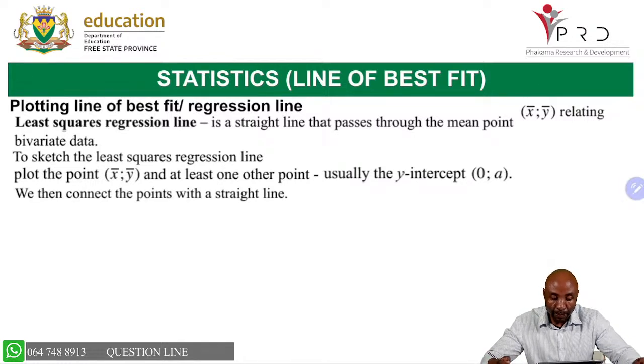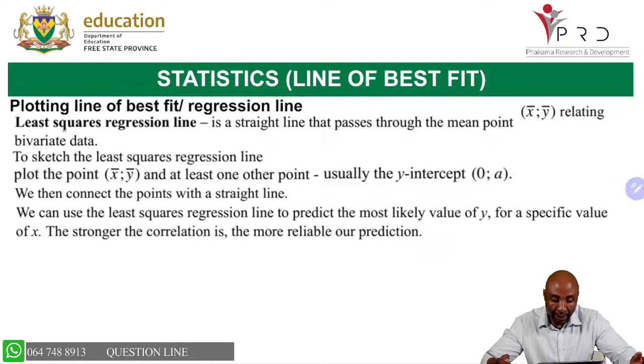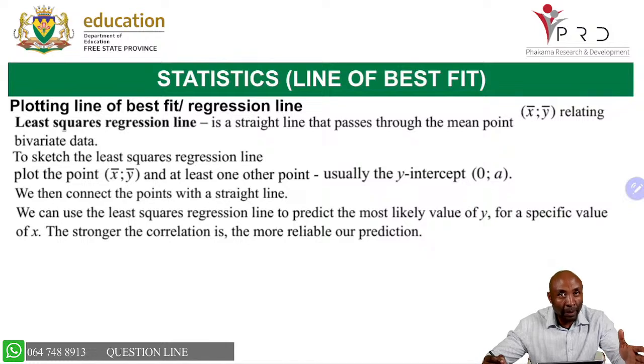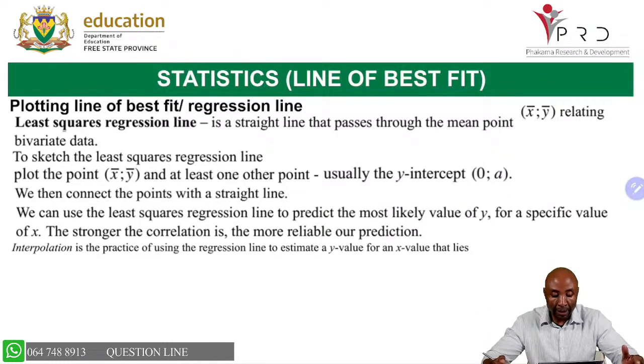So when we connect points, we use the straight line, and we are saying it is most likely to predict any of the values correctly between our minimum and our maximum points that we have plotted there. Anything outside, we cannot trust.